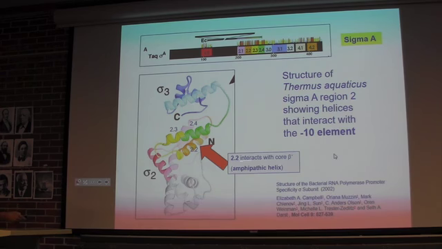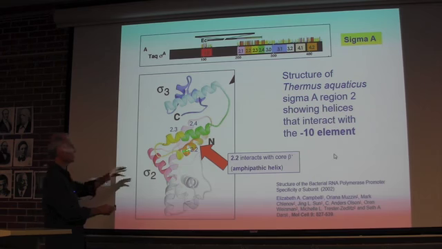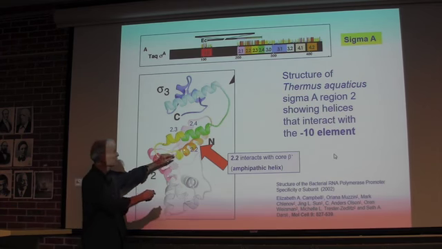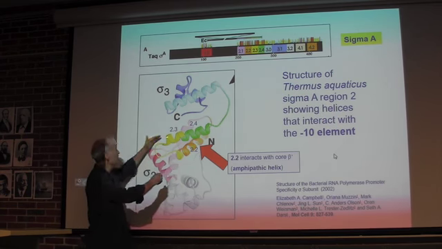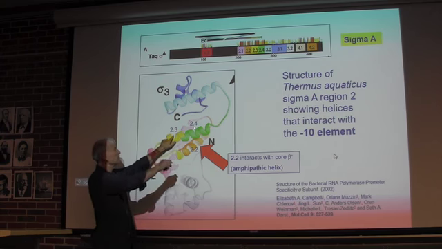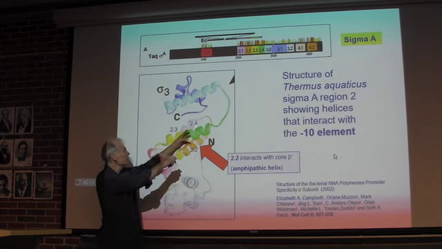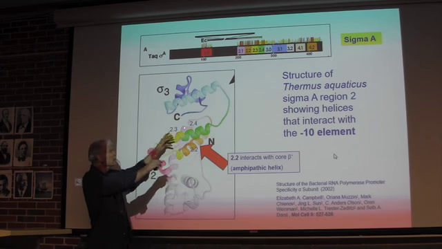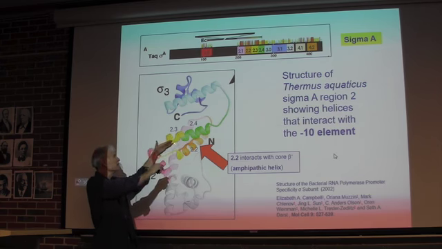Region 2 makes contact with the core, makes contact with beta prime. This region here is very conserved because it does bind sigma to the core. Notice this is that area that makes contact with -10, 2.3 and 2.4. 2.4 actually recognizes the TAT, and the 2.3 is involved in melting in.